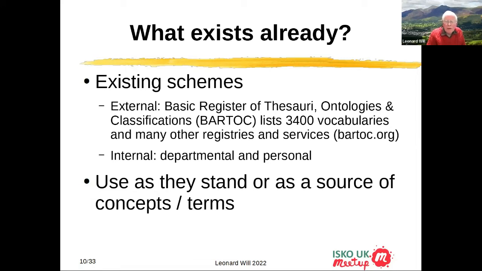But it's worth having a look there and seeing whether someone else has done it, both because it will save you time and because using another vocabulary, which is common to more than one place, gives you great opportunities of sharing data and sharing work.